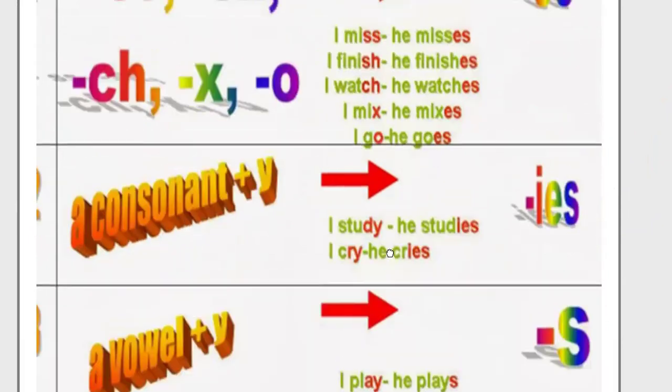A vowel plus y. But here we have a consonant plus y. So what is the common thing here? That they end in y. Look, y here and y here. So what is the difference? It is there on the screen, but can anybody help me and tell me what is the difference between this group and this group?